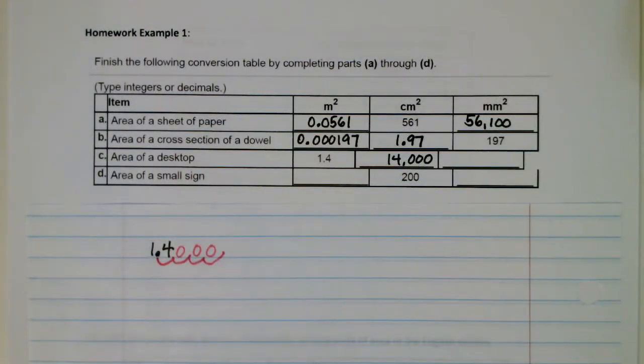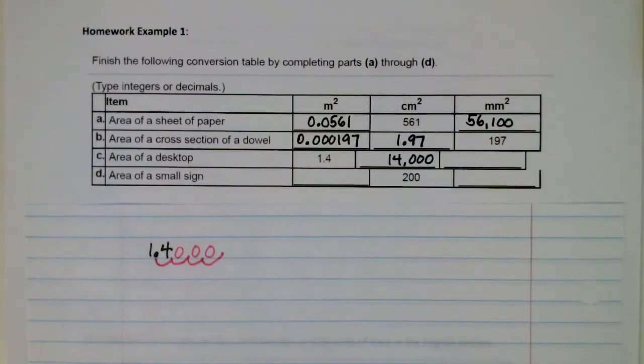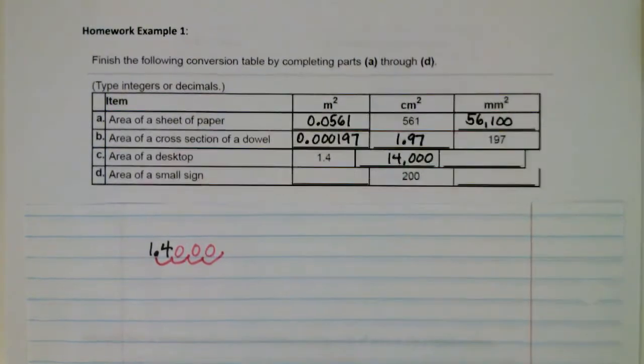And then convert 1.4 square meters to square millimeters. Well, from meters to millimeters, that's 3 places to the right. But since it's in square metric units, it has to be 2 times 3, which is 6.